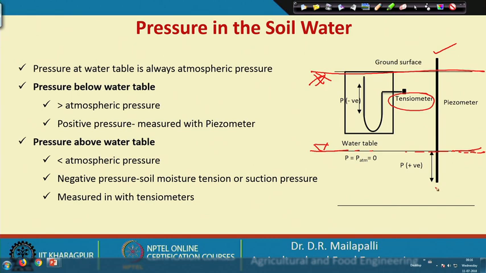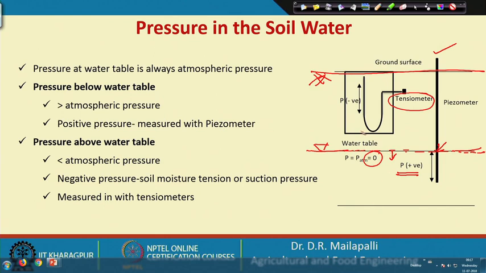When you install a piezometer here, you can see the water level at this point. Exactly at the surface of the water table you have atmospheric pressure, so the differential pressure will be 0. If you go down, the pressure is positive.